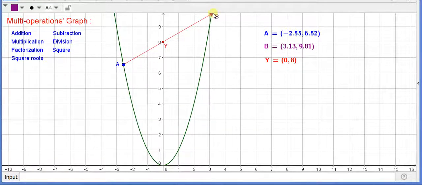To factorize, suppose we want to factorize this number 6. So to factorize this, we always have to keep the y coordinate of point Y always at 6.